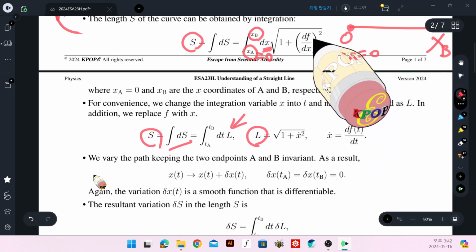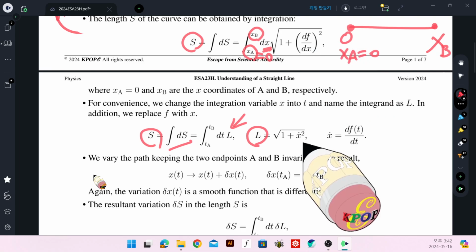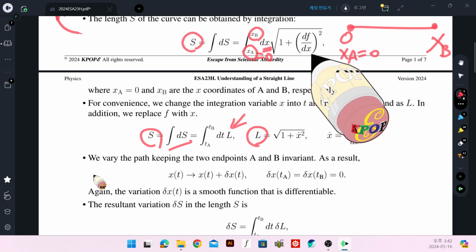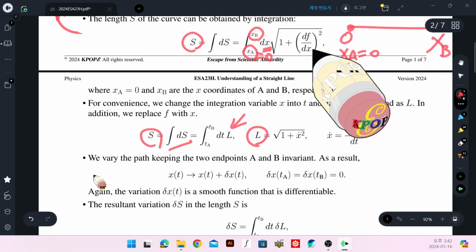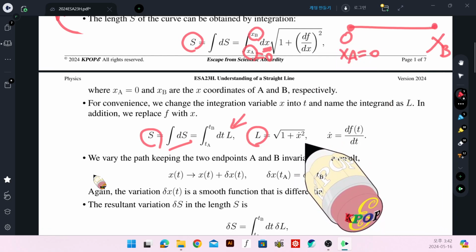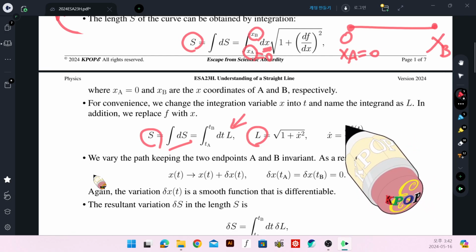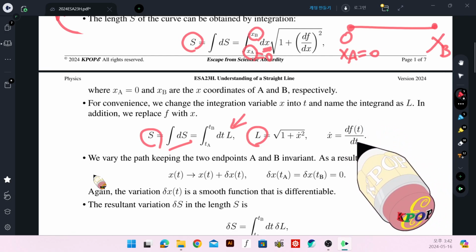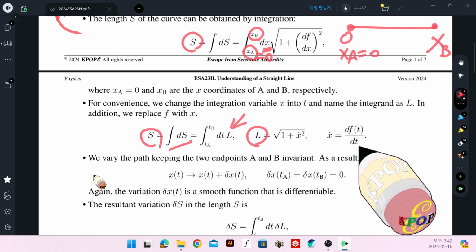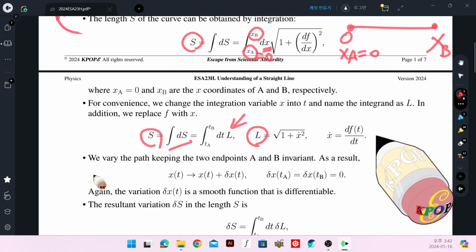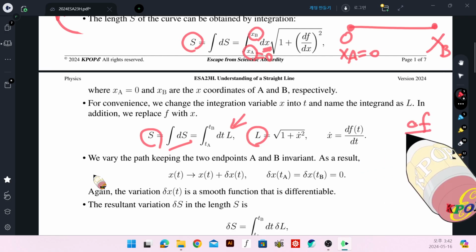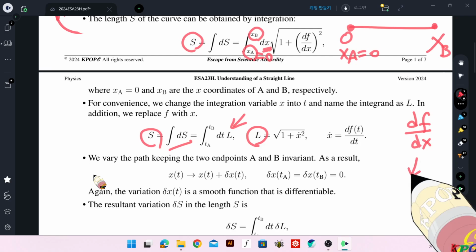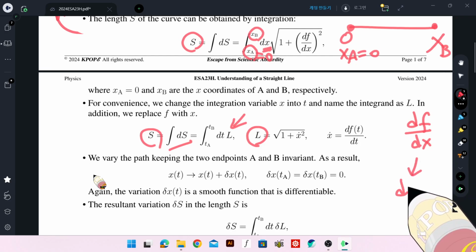And f is now replaced with x. So here x is replaced with t, and f is replaced with x. Therefore, the first order derivative df over dx has been replaced with dx of t over dt. Okay?